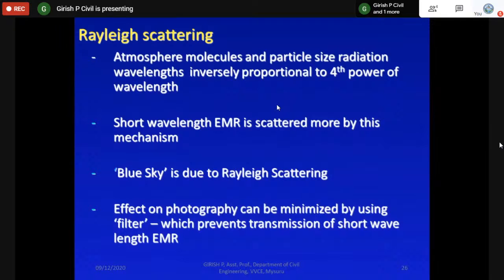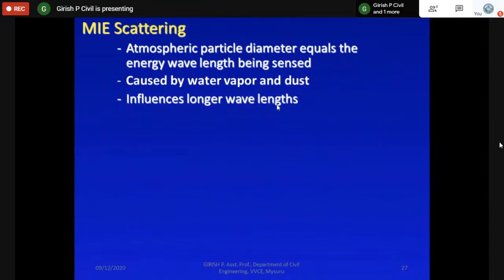The Rayleigh scattering effect on photography can be minimized by the use of filters. By adopting various techniques, we can minimize the effect, and the transmission of the wavelength is protected.